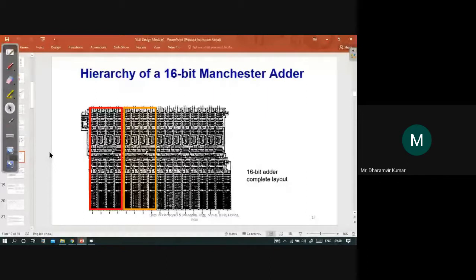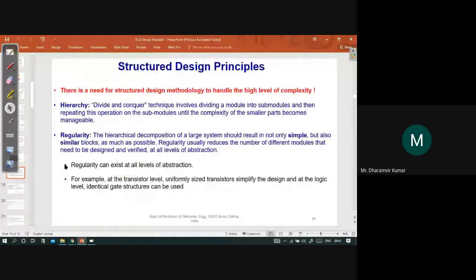Just before the GDS file output, the layout will look like this. And then at the end, we generate a GDS format of the file, and that is sent to the foundry for fabrication. So let us start from here today.